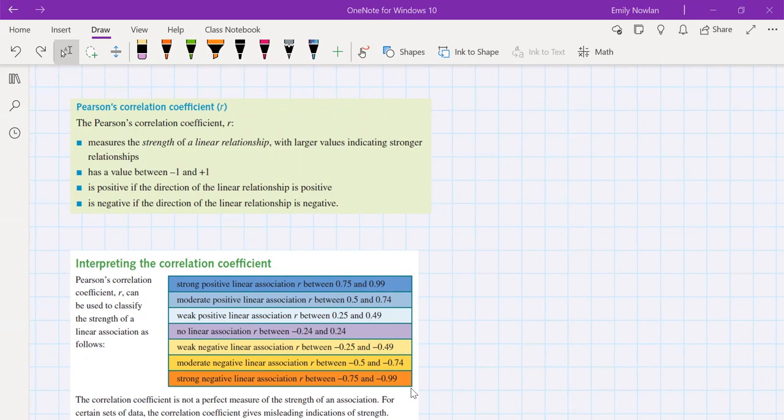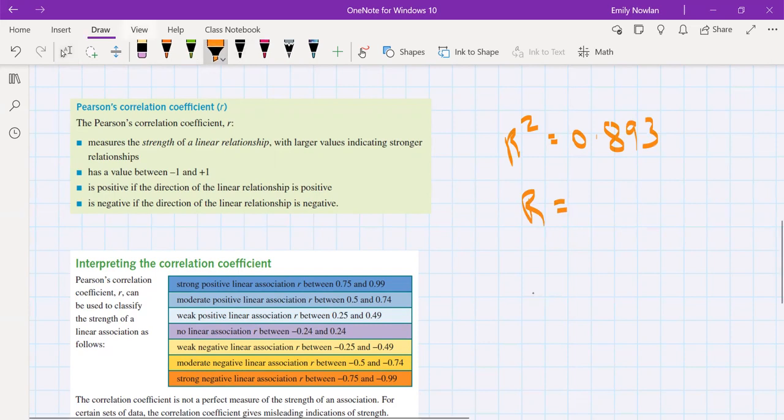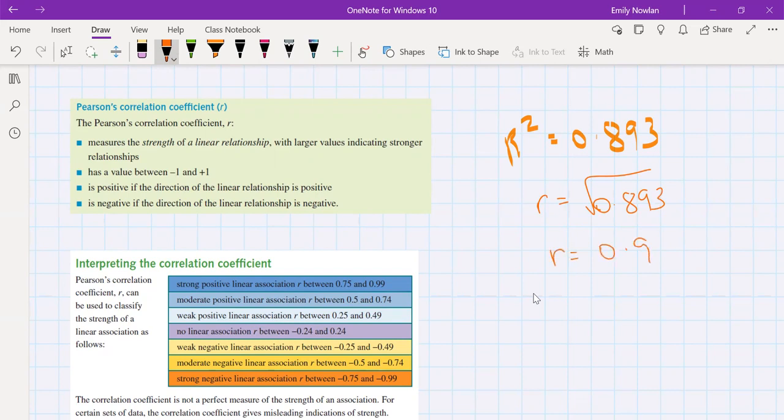So if R squared is equal to 0.893, then R, or little r I should call it, that's what they use in the textbook, little r is the square root of 0.893, and this would be 0.945 to 3 decimal places. That's a very strong r, that one.